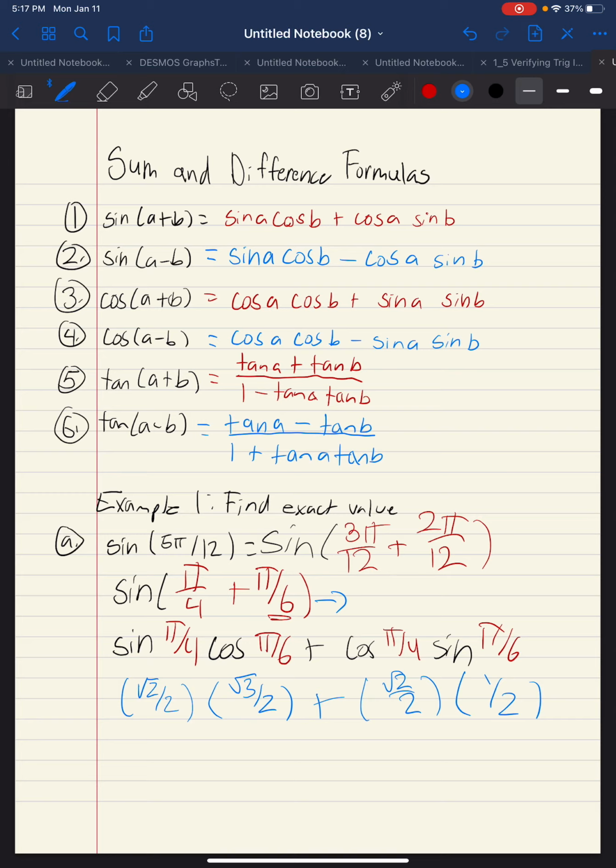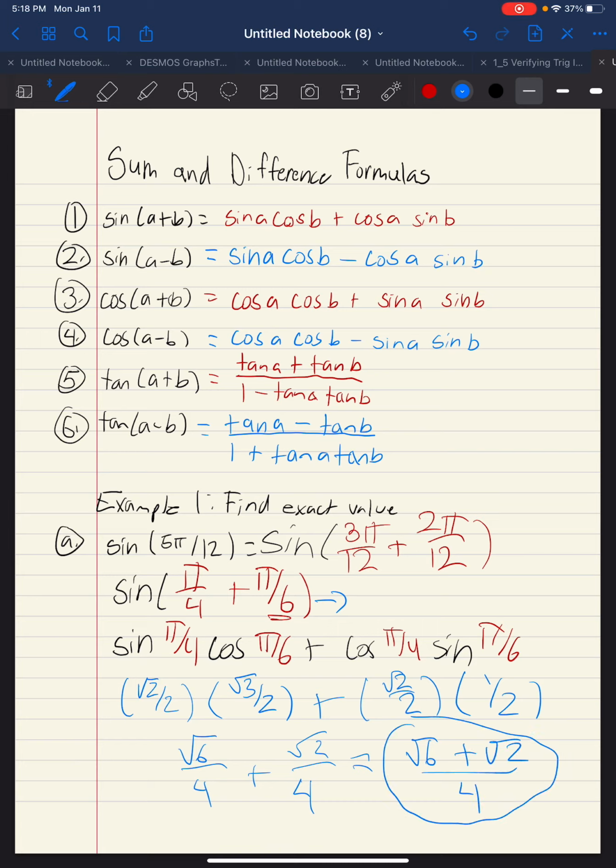Now we just evaluate them. And then we get radical 6 over 4 plus radical 2 over 4, which now have a common denominator. We can just add them together to get radical 6 plus radical 2 over 4. And that is our answer.